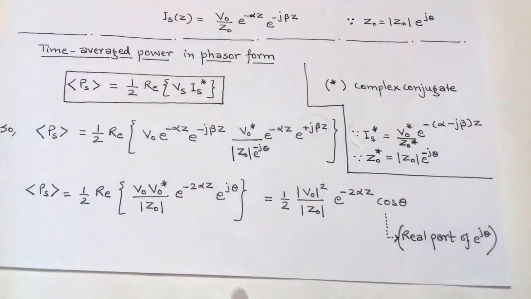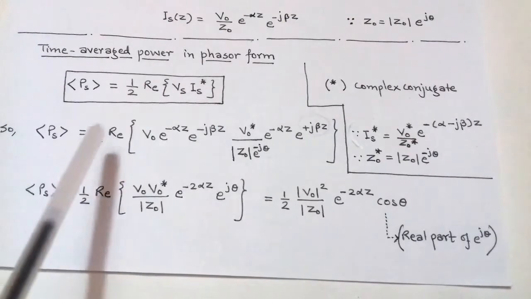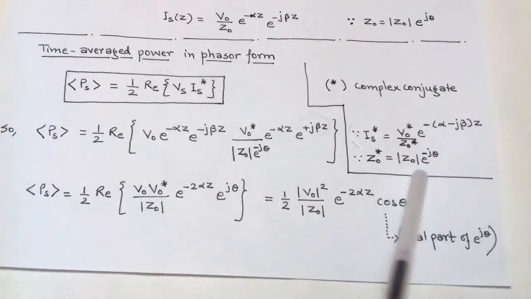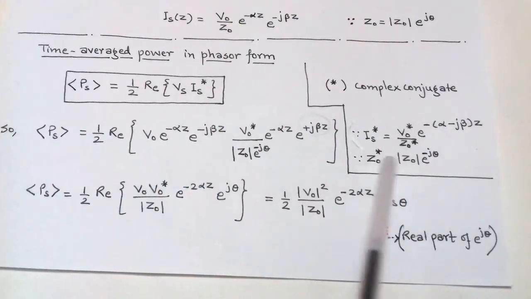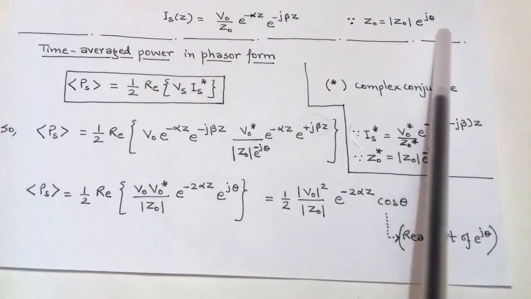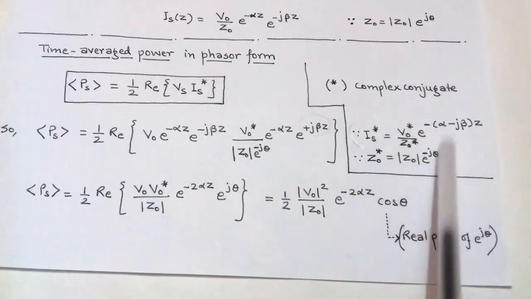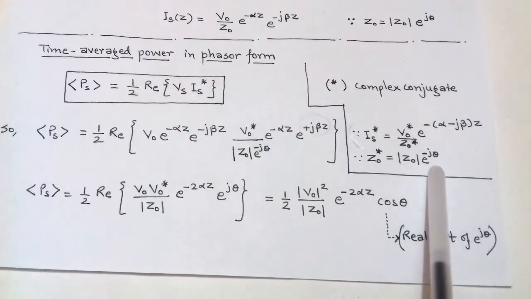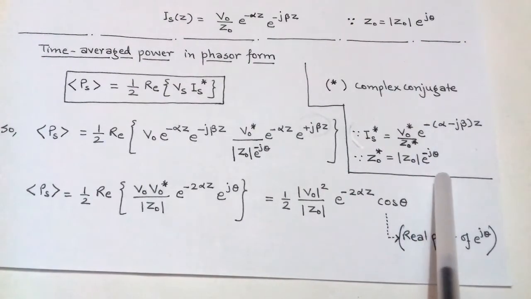Similarly, the complex conjugate of the characteristic impedance Z0 is |Z0| e^(-jθ), because we know that the characteristic impedance has a magnitude and phase, the phase is e^(jθ), and its complex conjugate is e^(-jθ).